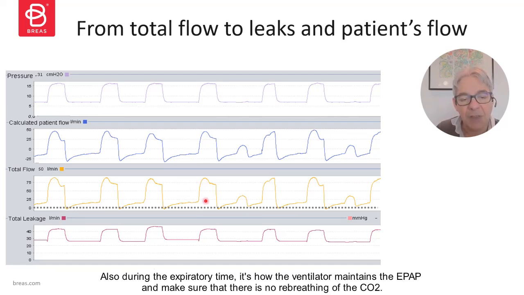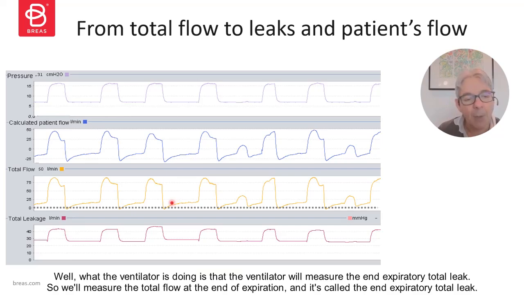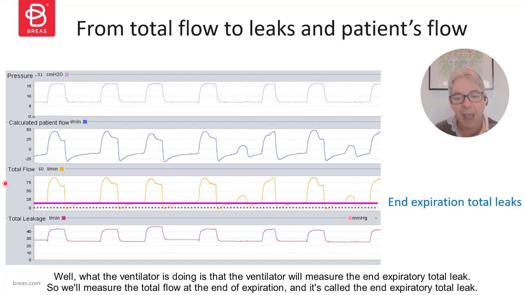Also during the expiratory time, it's how the ventilator maintains the EPAP and makes sure that there is no rebreathing of the CO2. What the ventilator is doing is that it will measure the end expiratory total leak.